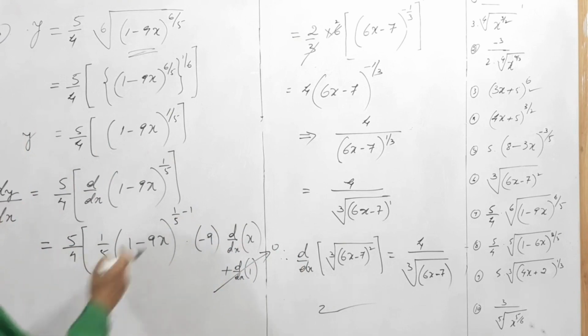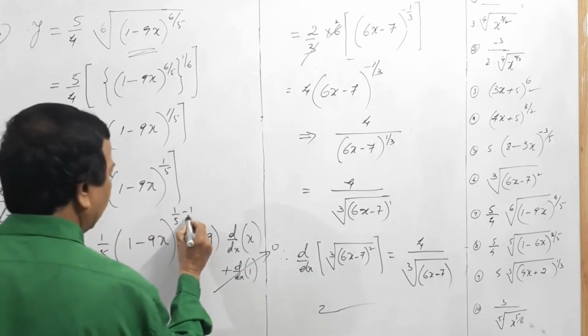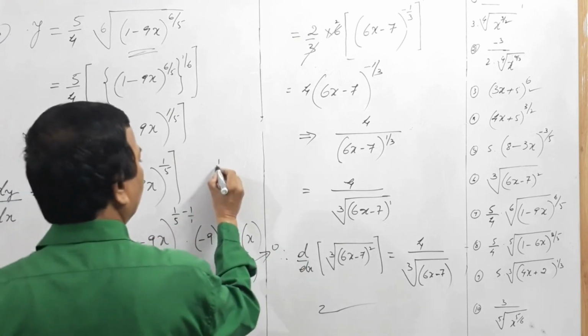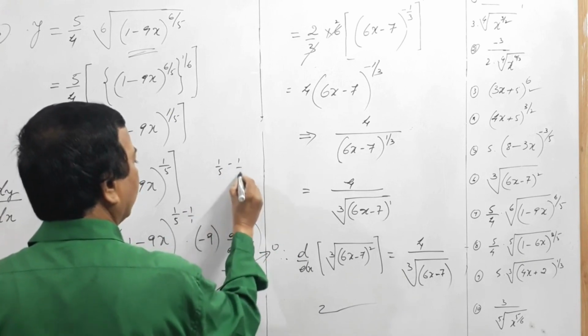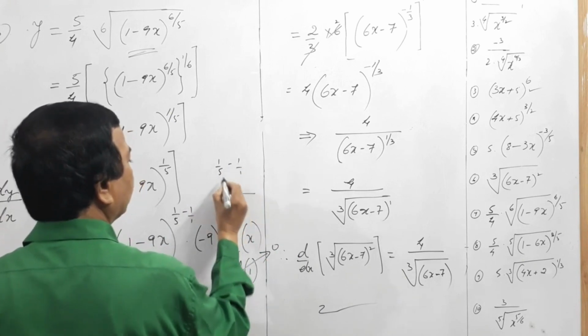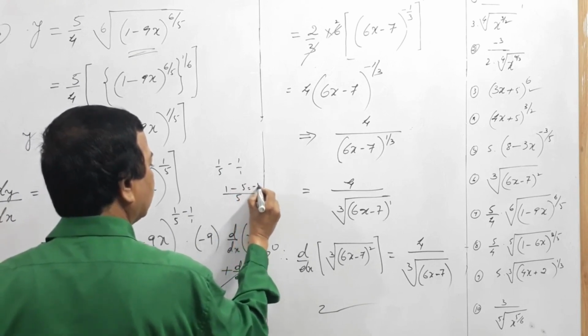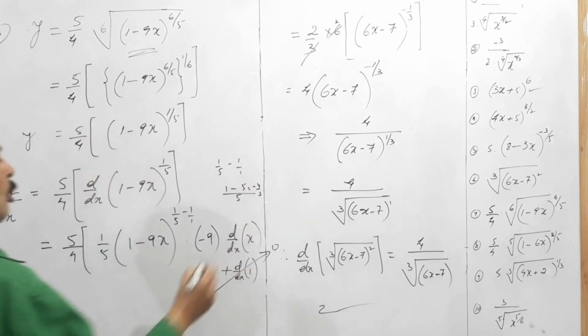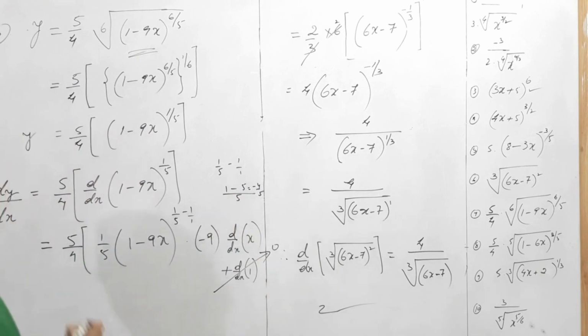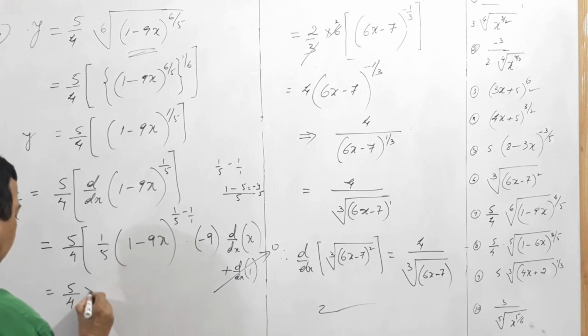So what I do is, take the LCM by 1. 1 by 5 minus 1 by 1. So 5 is the LCM, 5 goes one time minus 5. This becomes minus 4 by 5. So this is minus 4 by 5. So 5 by 4, 1 by 5 also I'll take it outside, into 1 by 5.